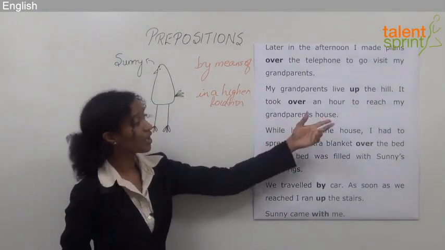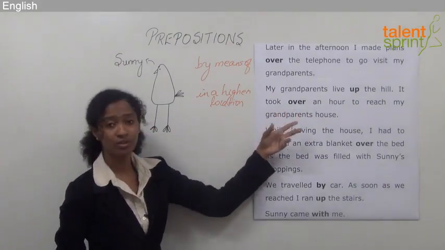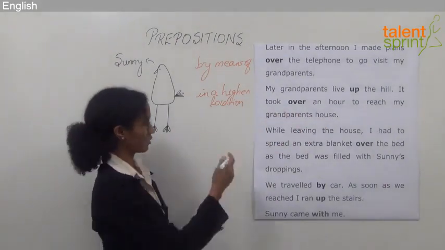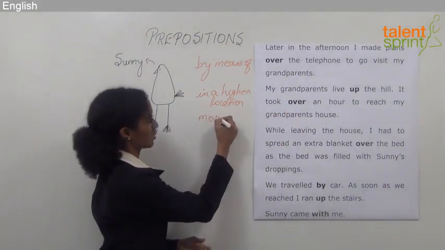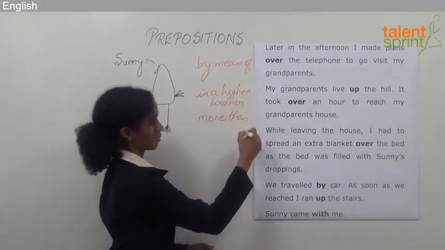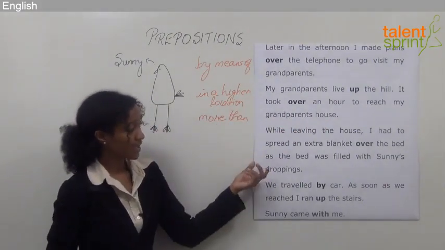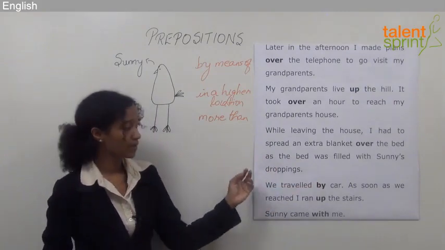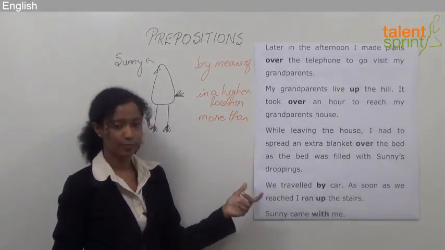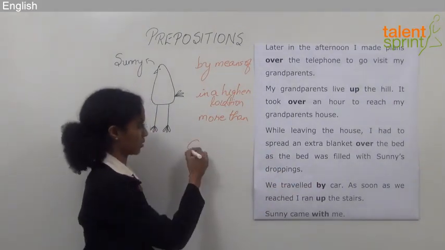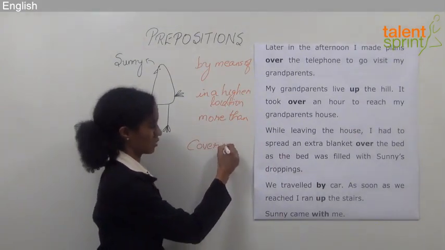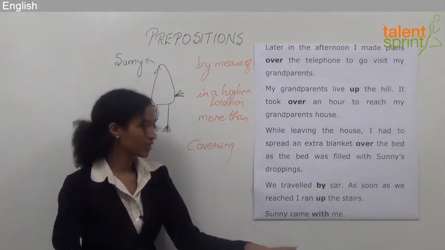It took over an hour to reach my grandparents' house. Over here represents or denotes more than. While leaving the house, I had to spread an extra blanket over the bed. Again, here over represents covering. Over the bed, covering the bed.